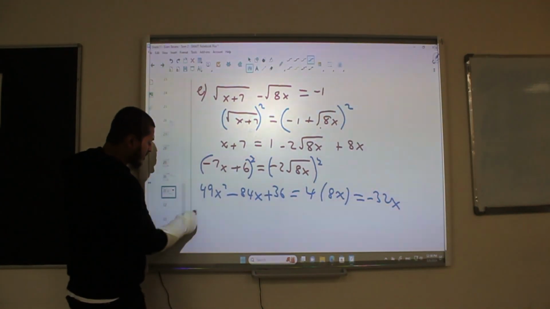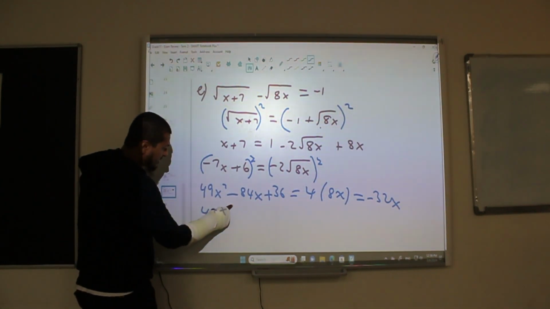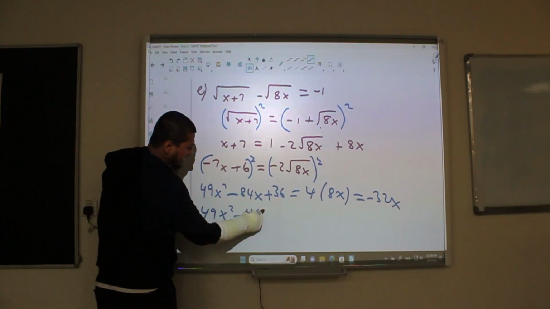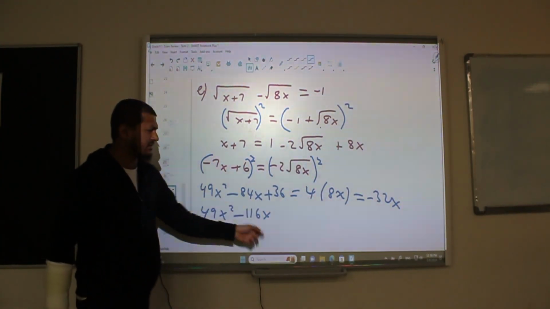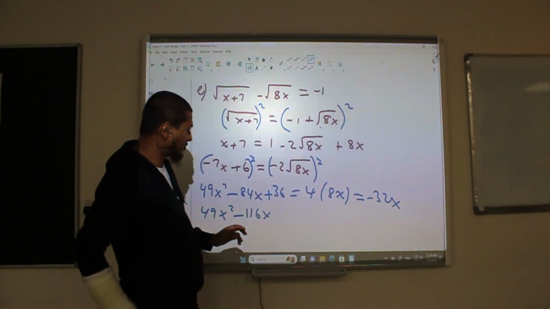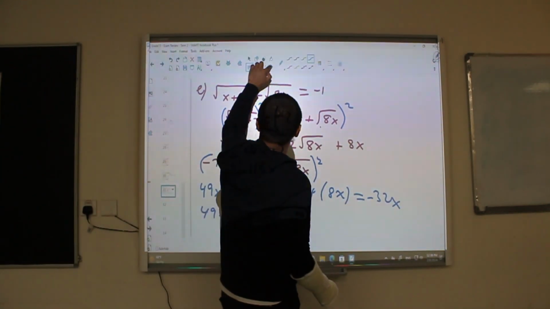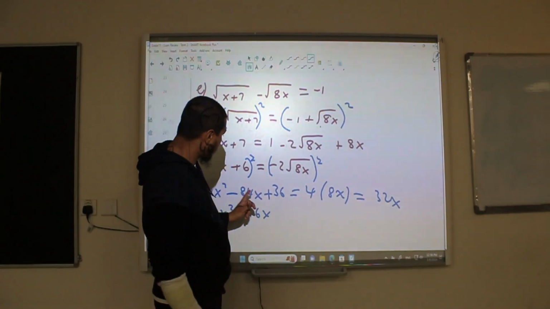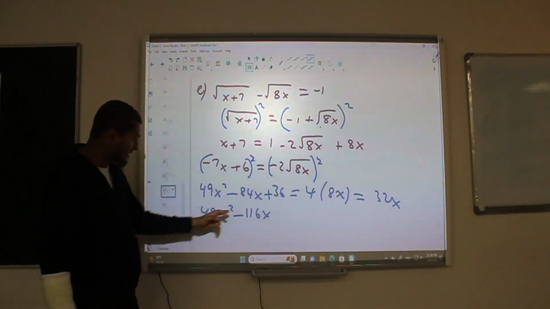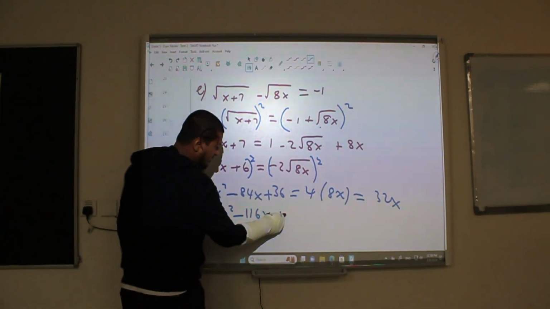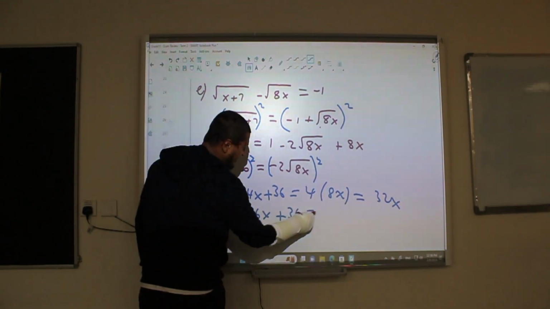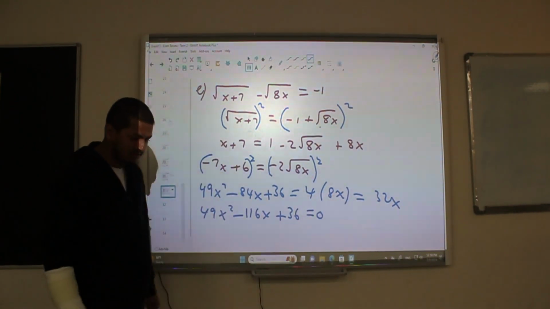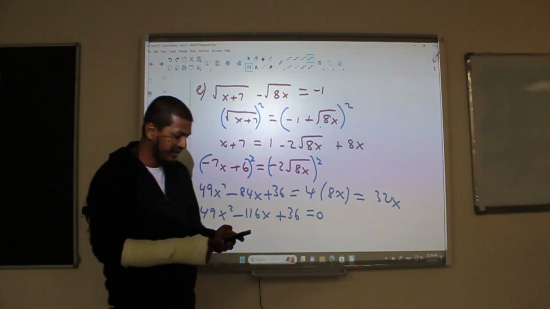Bring everything over. So you get 49x squared minus 116x, because minus 84 minus 32, that's negative 116x, plus 36 equals 0. Now, because we have such large numbers, we will just use a calculator and mod 53.